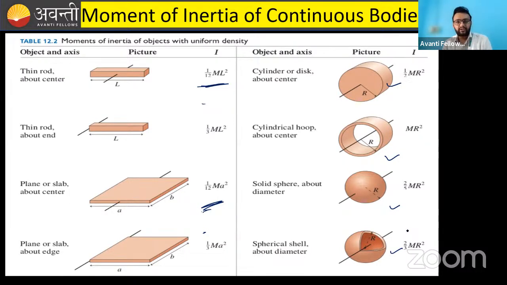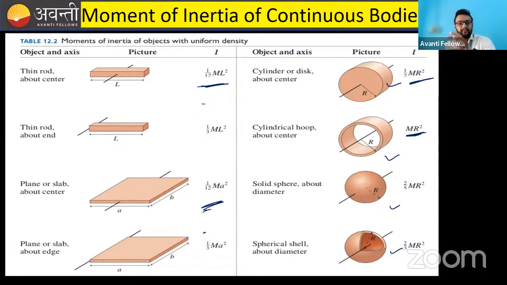The moment of inertia of the disk: disk has moment of inertia MR square by 2. Ring has moment of inertia MR square. Cylinder has moment of inertia MR square by 2. This is a hollow cylinder. Clear? You need to remember these things.